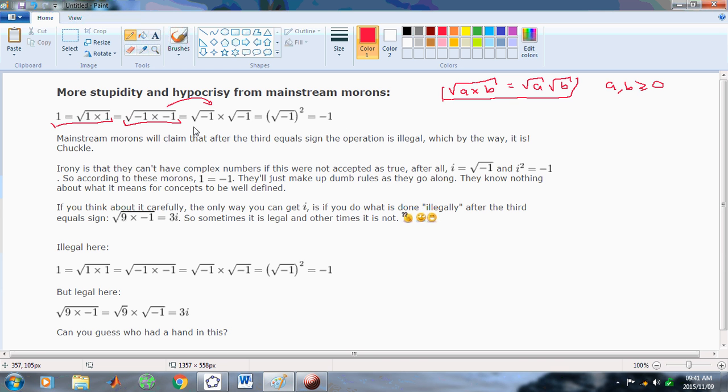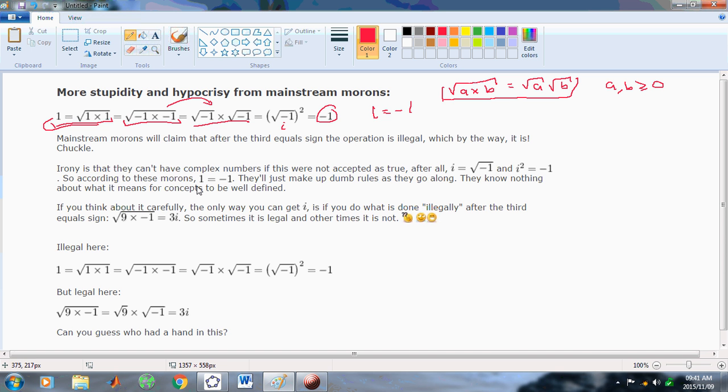So this is obviously wrong. But watch what happens once you get past here. You can actually say that the square of the square root of minus 1, or what is now commonly known as i, is equal to minus 1. And you get a contradiction here. You get the contradiction that 1 is equal to minus 1.